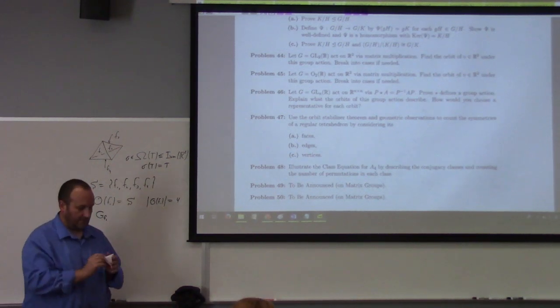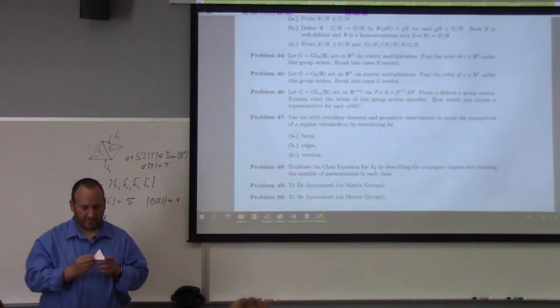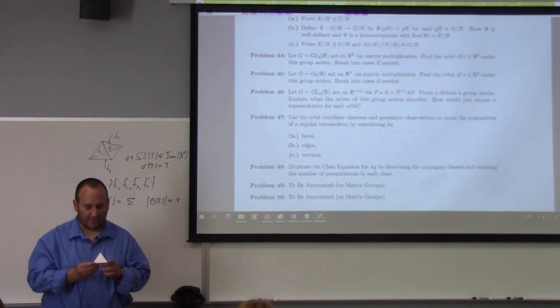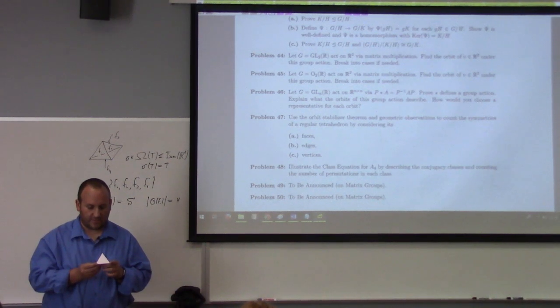As you think about the tetrahedron, what isometries of the tetrahedron fix face 1? What could I do? Yeah, I can rotate it like that, I can rotate it like that. So I've got rotations.